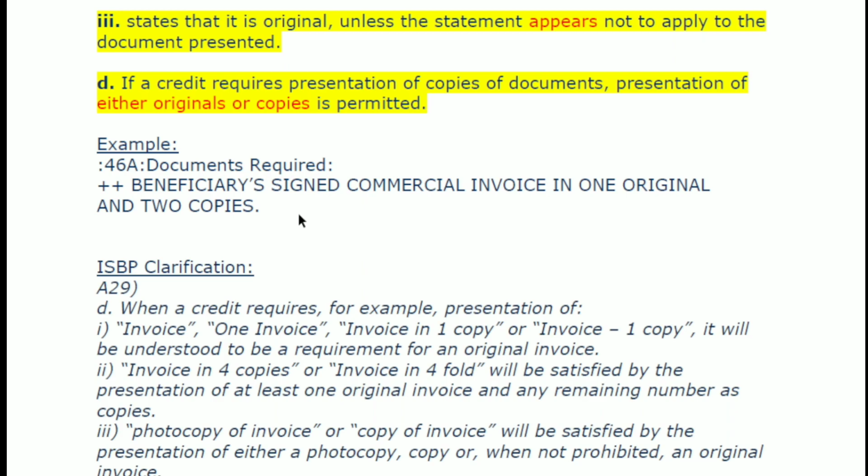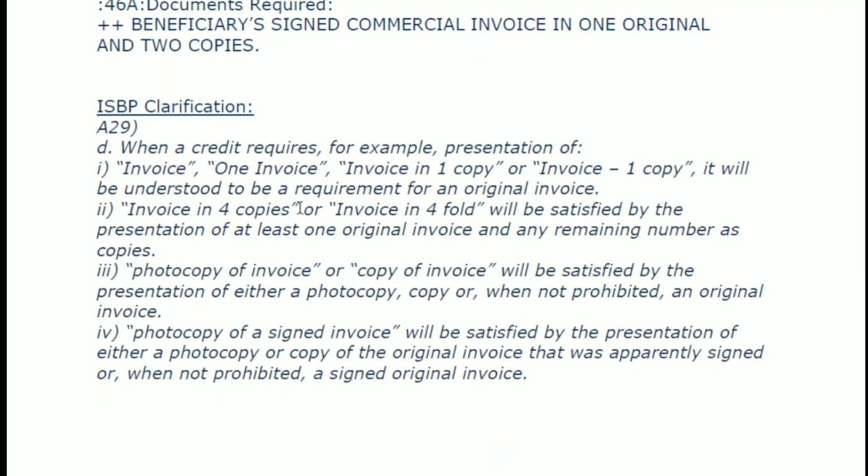Here, the beneficiary can present either one original and two copies, or two originals and one copy, or all three invoices in original. You may pause the video now and read the ISBP clarifications given below regarding presentation of original and copies of documents for better understanding.